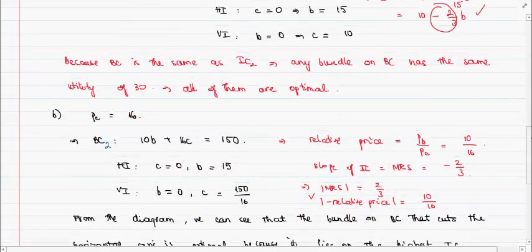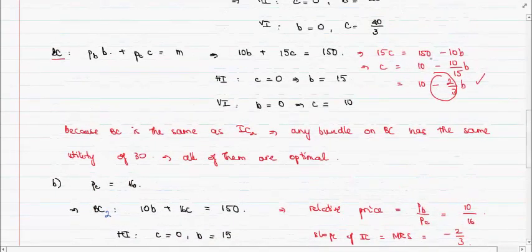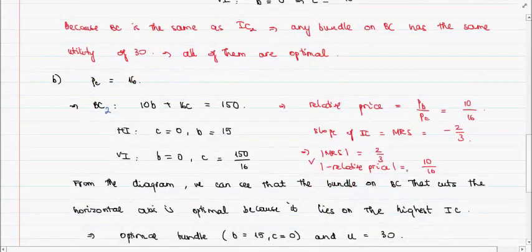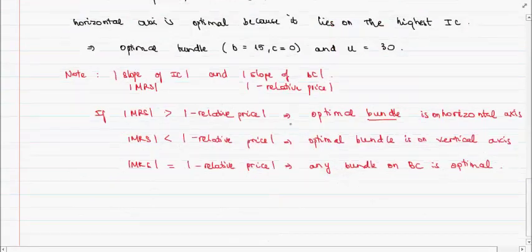So you see that it applies here. Therefore the horizontal bundle is optimal. So you just have to remember these rules when you want to find the optimal bundle in the case of perfect substitutes.